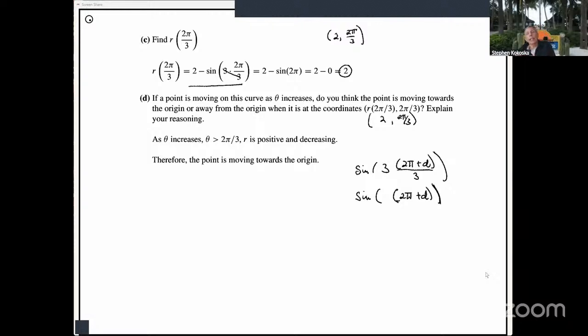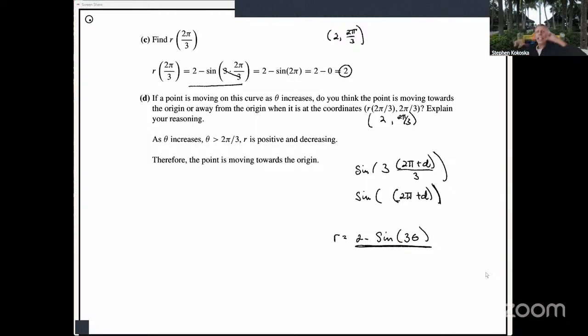And what happens as that d increases? Well, you can kind of see this in the first quadrant. The sine of that argument is getting bigger. So if that's getting bigger, what's happening to my expression, R equals 2 minus the sine of 3 theta? What's happening to this whole expression?